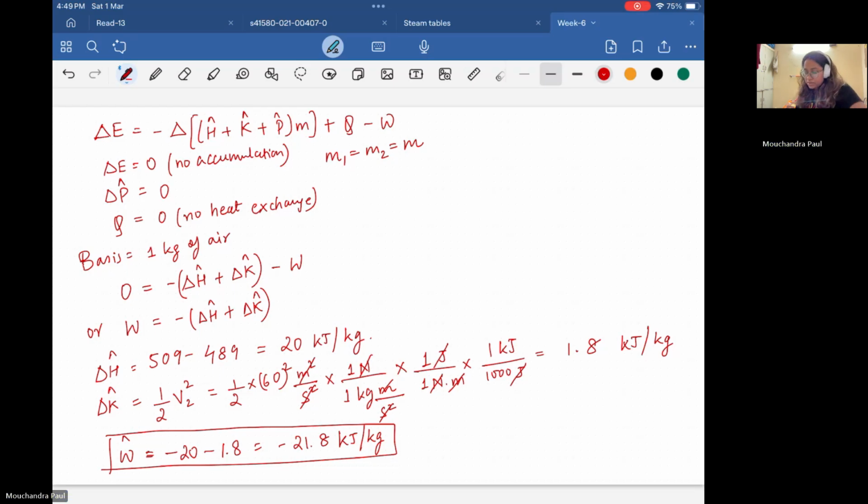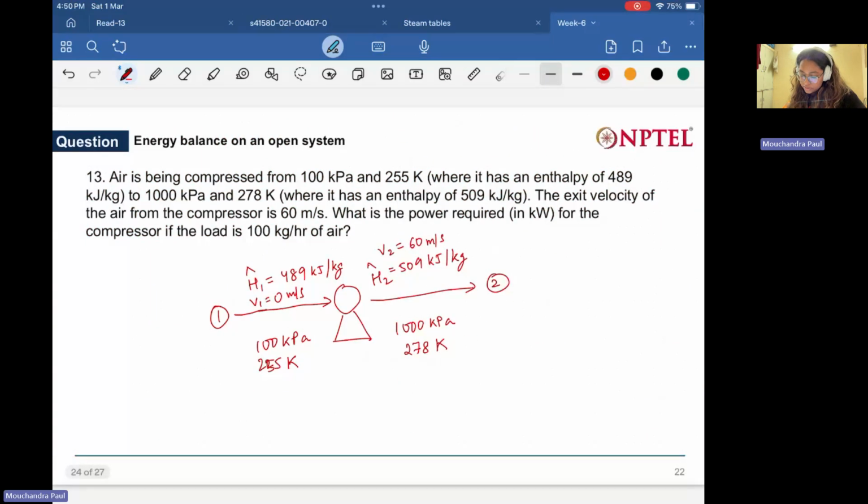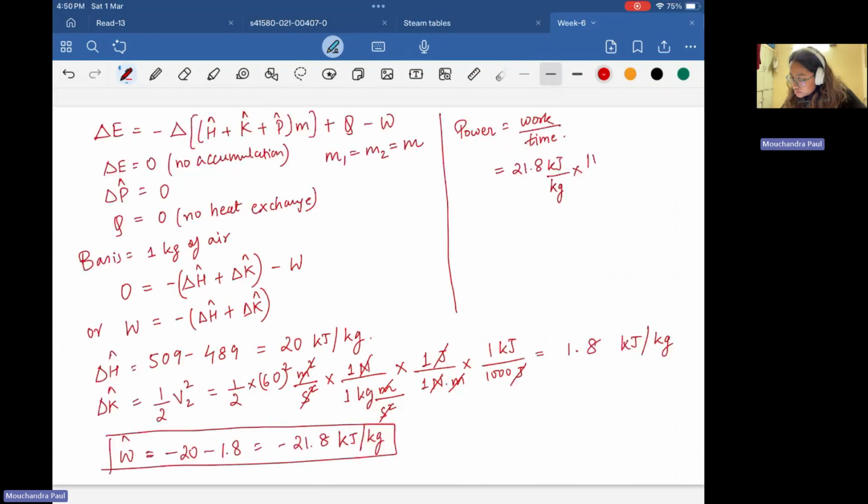Okay. But we have to calculate power. Power is what? Work per unit time. So work we calculated as 21.8 kilojoule per kg. Now we were told the air load is 1000 kg per hour.